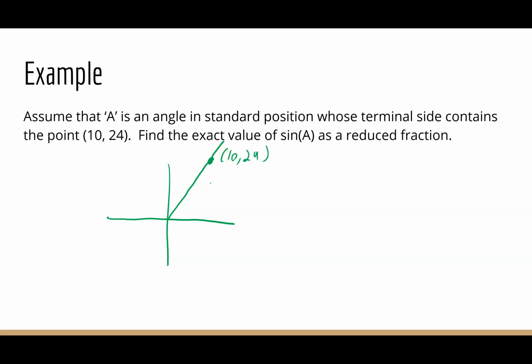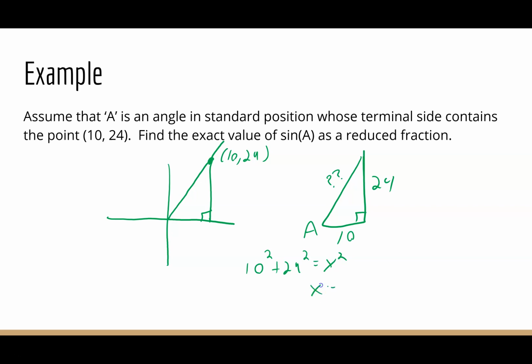Like I said, anytime you have a problem like this, you drop a line and make a triangle. My triangle has a height of 24, since that's the y value, and a width of 10. If this is my angle A, I want sine. But sine is opposite over hypotenuse, so I need to find the hypotenuse first. In a lot of these problems, you have to use the Pythagorean theorem. So 10 squared plus 24 squared equals x squared.